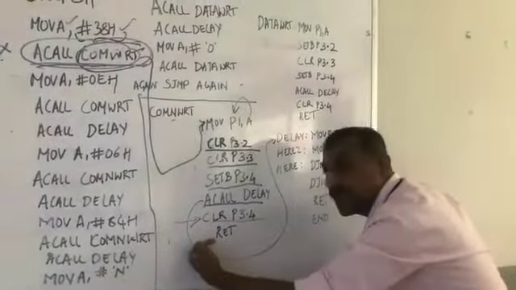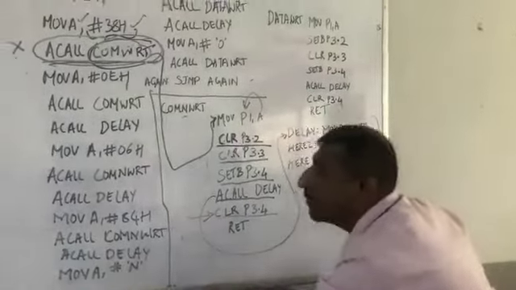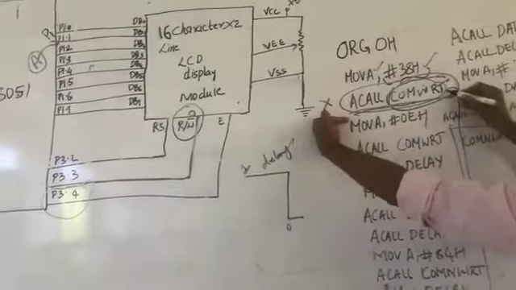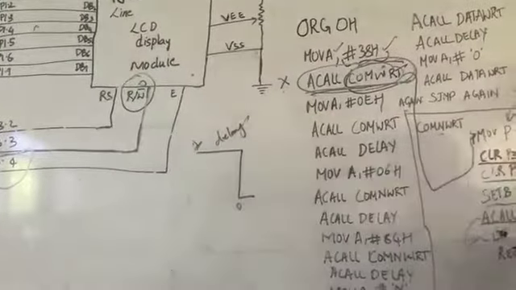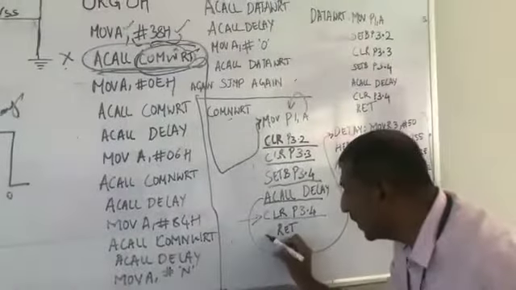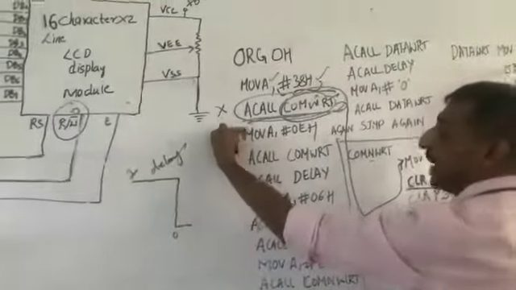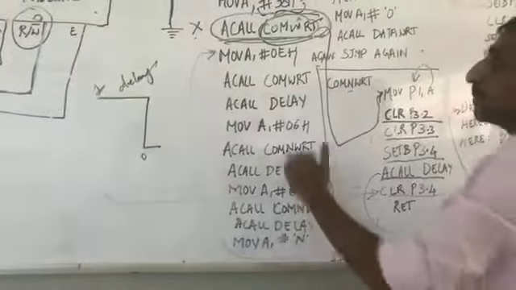You have executed one command, now you will return back. When the return is encountered, where will it go? It will go to exactly the next instruction from where it had taken a jump. It had taken a jump from this point. Therefore, upon return, it will come back exactly to the next instruction from where it had taken a jump. Right.